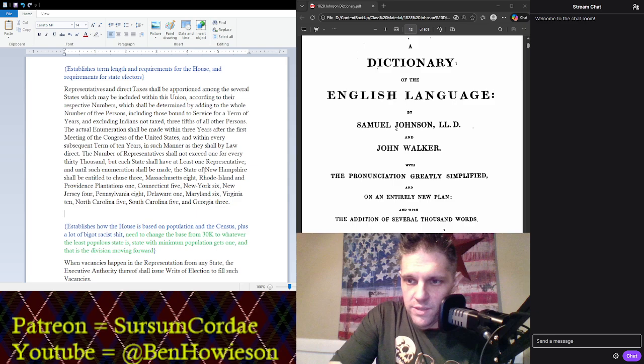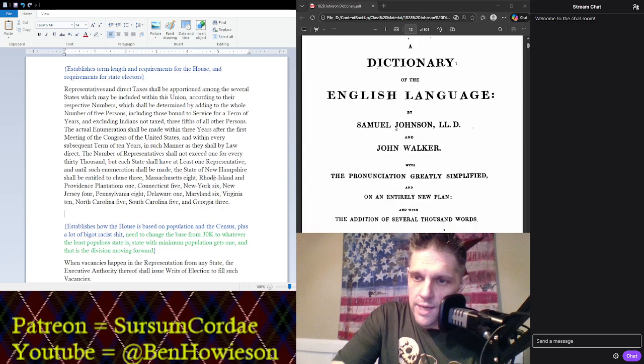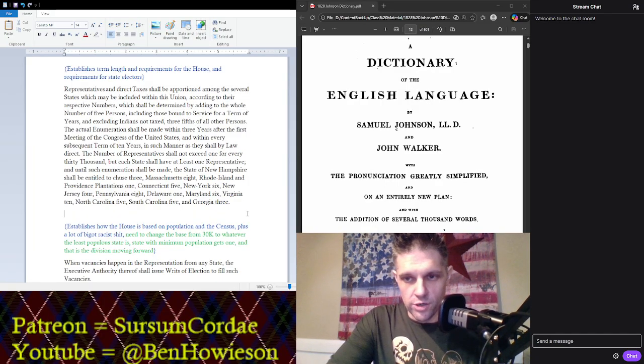State of New Hampshire shall be entitled to choose, with a U, three, Massachusetts eight, Rhode Island and Providence Plantations one, Connecticut five, New York six, New Jersey four, Pennsylvania eight, Delaware one, Maryland six, Virginia ten, North Carolina five, South Carolina five, and Georgia three. So they either had enough numbers or they all agreed that this is what was roughly correct before they started doing a census.